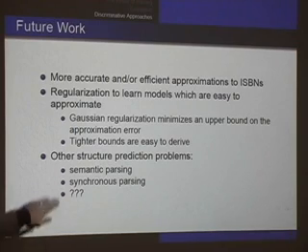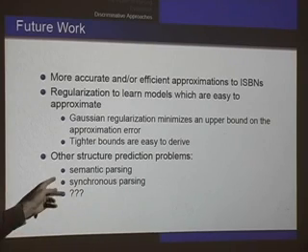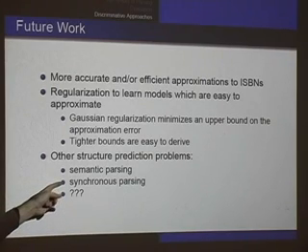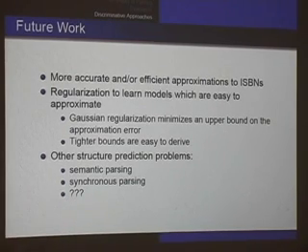So it's a very interesting way to justify regularization. And then, of course, there are other things we could apply this architecture to, not just parsing. Paola Merlo is working on semantic parsing, and I'm collaborating with her on that. We could also do synchronous parsing for SMT, or if anybody's got a problem, I'd be interested to hear about it. Thank you.